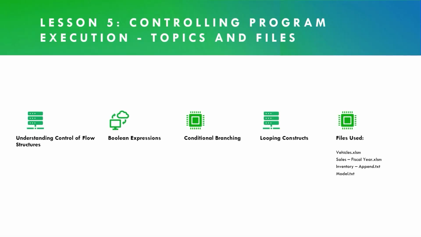In Lesson 5, Controlling Program Execution, by way of recap, we started by getting an understanding of the different types of control of flow structures that are utilized in Visual Basic for Applications.